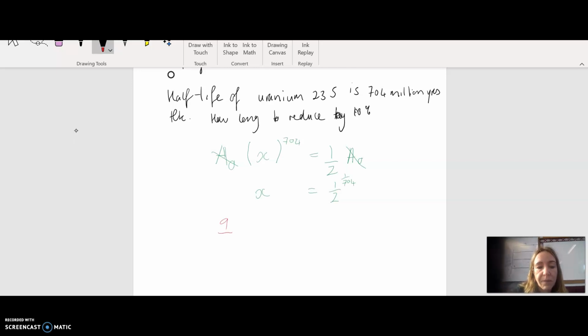So it'll be 9/10 of my original amount is equal to the amount it's reducing by, this x, which is a half, to the 1 over 704 million, to the t.